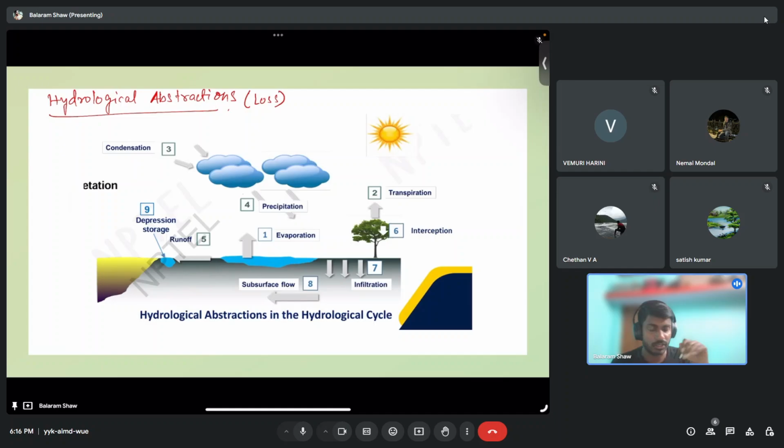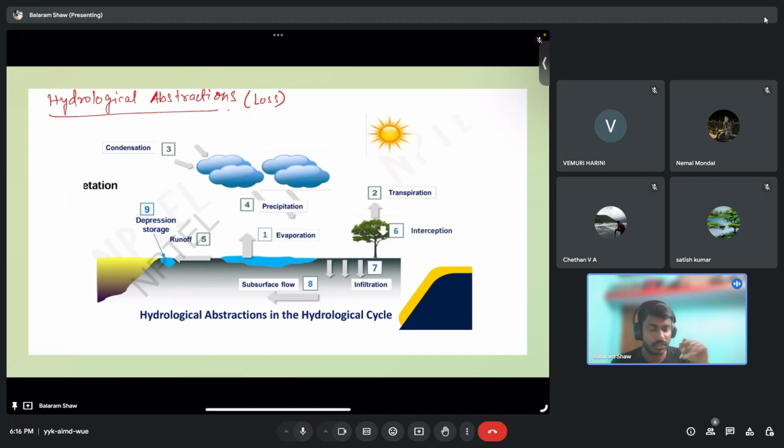It can be because of human activities, or it can occur naturally, or because of some infrastructure that we are developing. It can have any cause, but any loss that we are facing in the watershed will be considered abstraction. Now the question is, why should we study all these abstractions like evaporation, transpiration, interception, infiltration, depression storage, and all that?